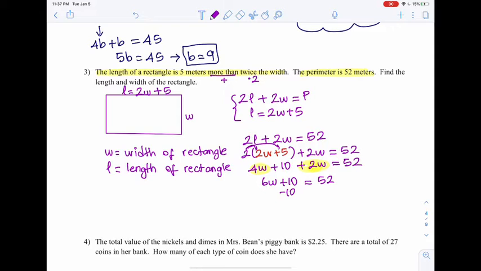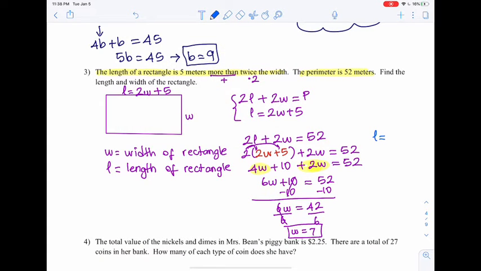Let's subtract 10 from both sides to isolate 6W first. And let's divide both sides by the coefficient of W to isolate W, which will give us 7. So the width of this rectangle is 7 meters. Now let's substitute 7 for W in the second equation to find the length.